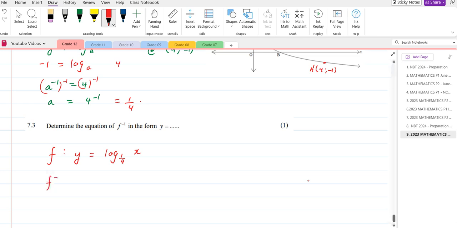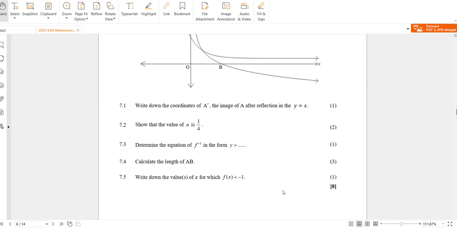So f inverse is now x equals log y base quarter. So is that correct? Log y base quarter. Yes, so therefore y is equal to quarter to the power x. Okay, so I've got my inverse function, which is the exponential quarter to the power x. Moving on to the next question.